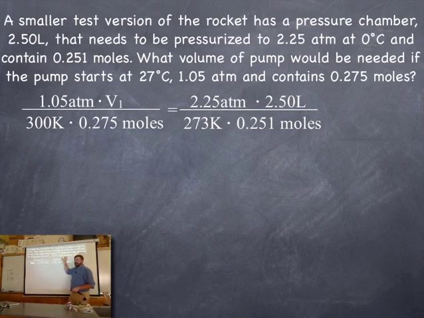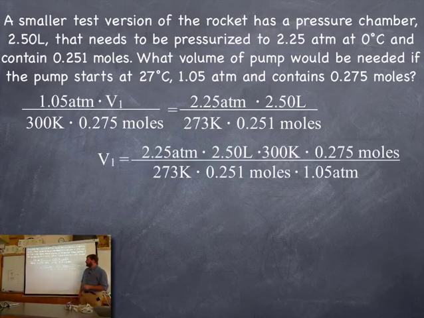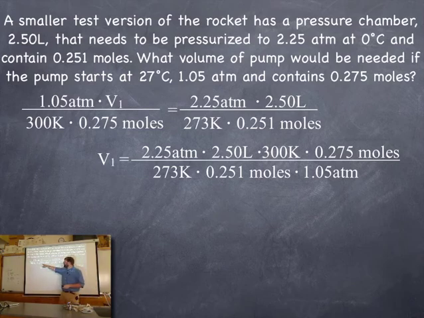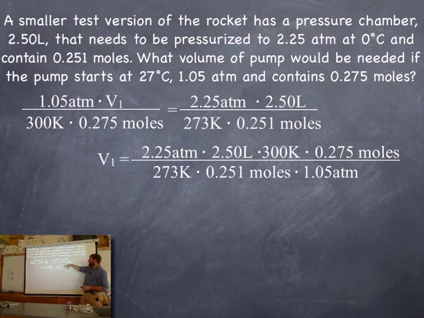Initial and final states, initial and final conditions. We can rearrange this to solve for V. I'm going to move the 300 times 2.75, multiply each side by that. So 300 times 2.75 comes up on the top on the right-hand side here. And then I've got my 1.05 on the bottom.